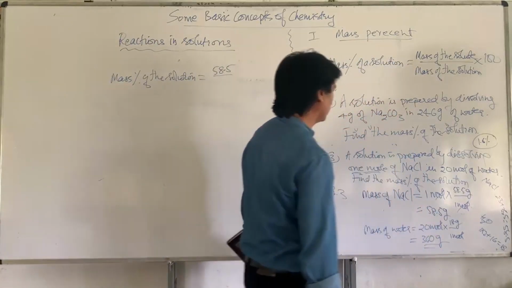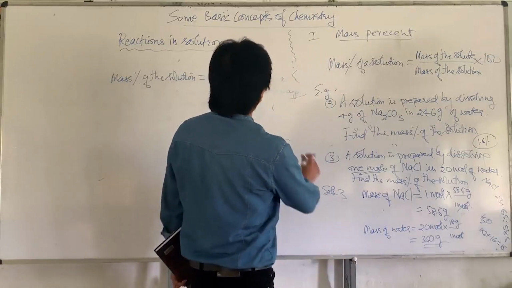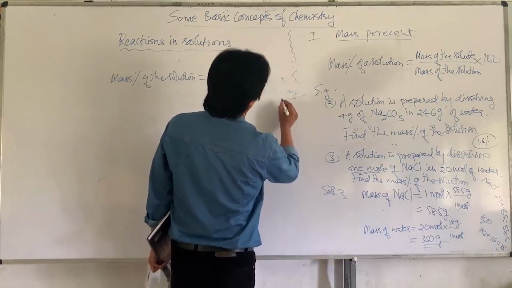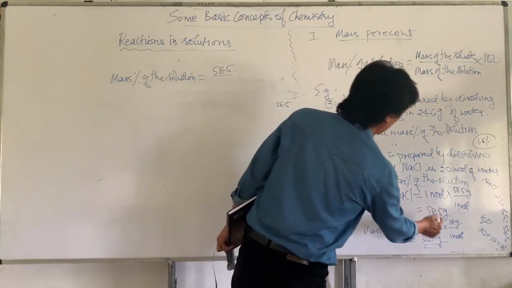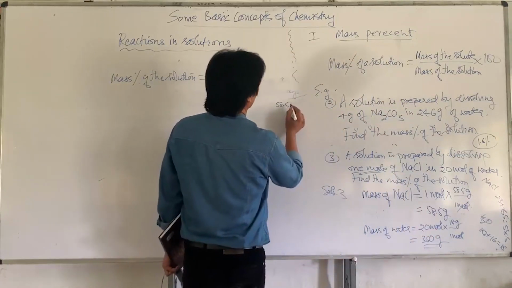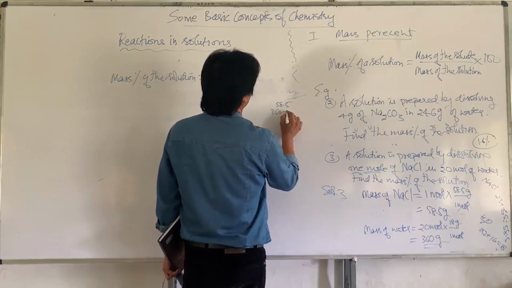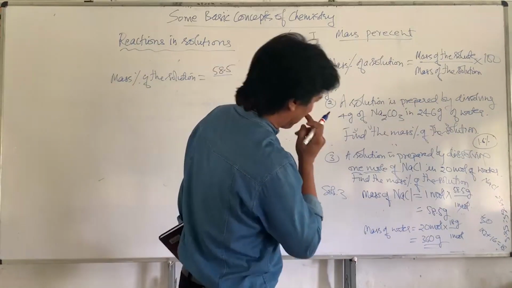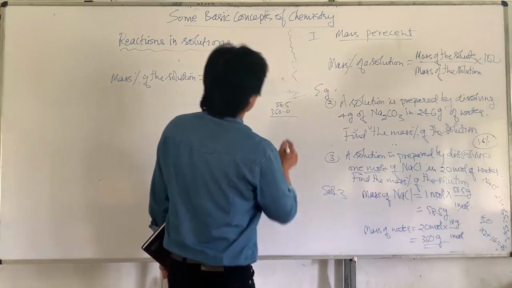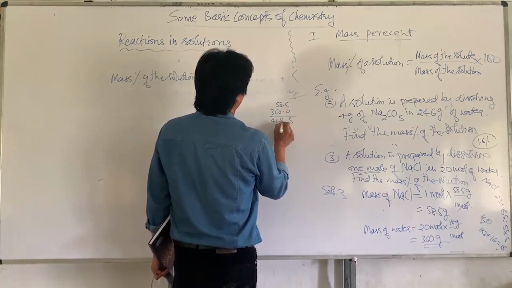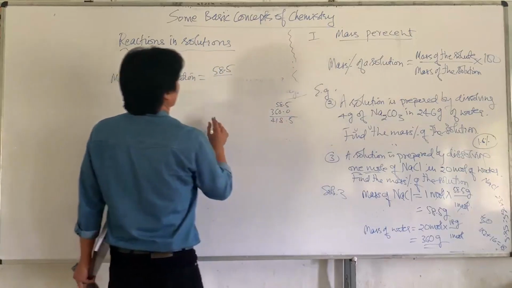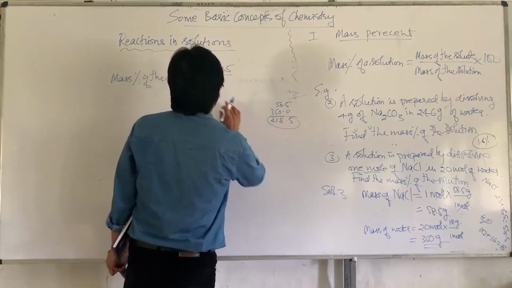When you add up 58.5 plus 360 grams, the sum is 418.5. So this becomes the mass of the solution.